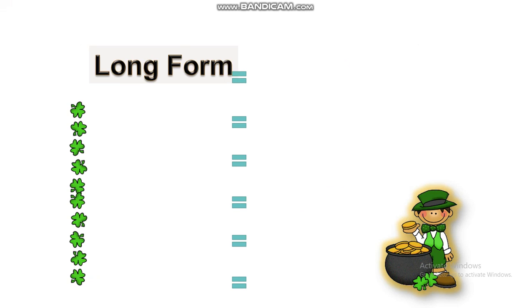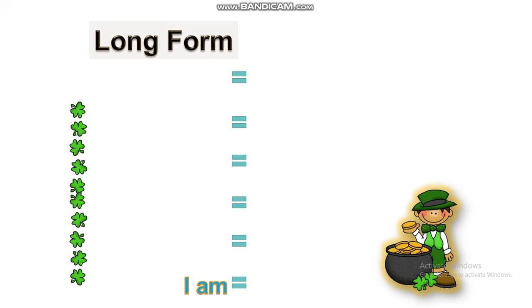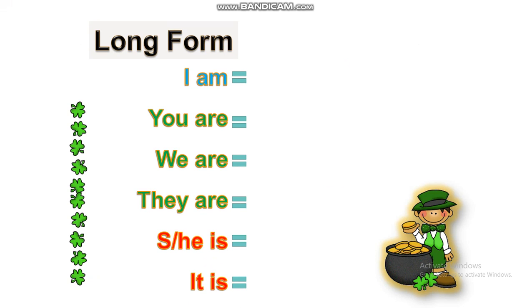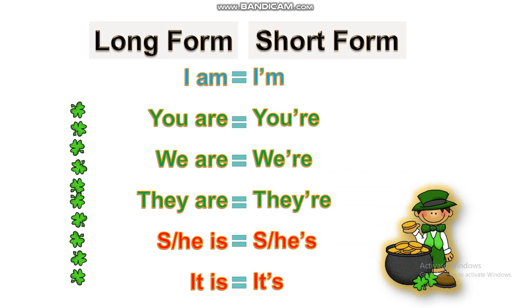There's a long form and a short form. As you can see here, I am, you are, we are, they are, she and he is, and it is. And in the short form, you cross out the a and add an apostrophe: I'm, you're, we're, they're, she's, and it's.